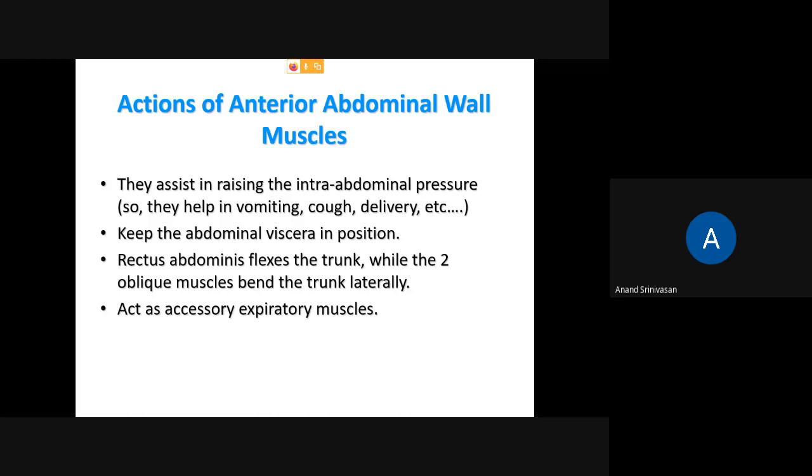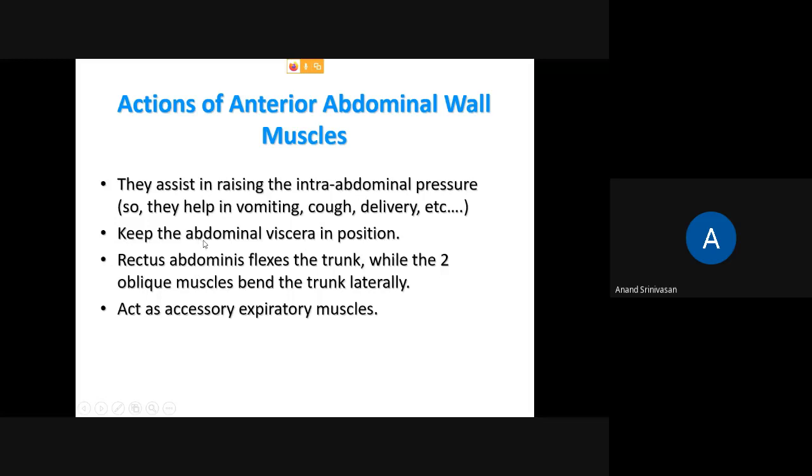When you're about to carry something heavy, you hold your breath and the intra-abdominal pressure increases. It also helps during vomiting, coughing, delivery, micturition, and defecation. In all these, the anterior abdominal wall acts by raising the intra-abdominal pressure.